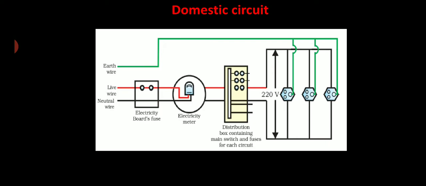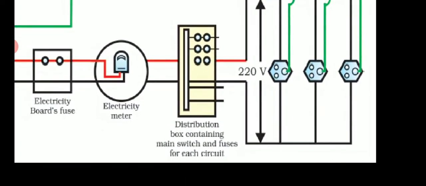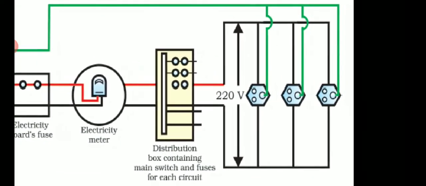Now observe this picture here. In each separate circuit, different appliances are connected across the live wire and neutral wire. Each appliance has a separate switch to turn on and off the flow of current through it. And all these appliances are connected in parallel, right?